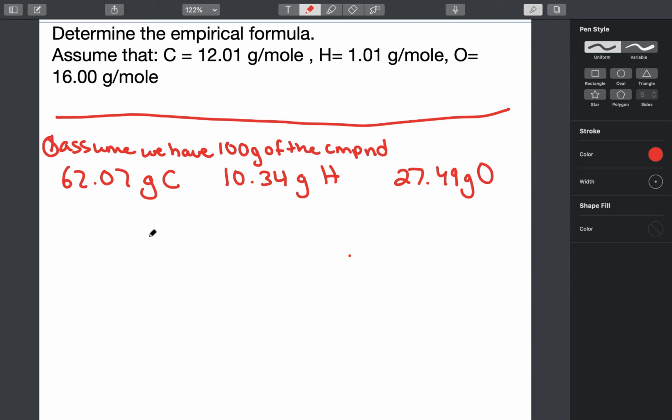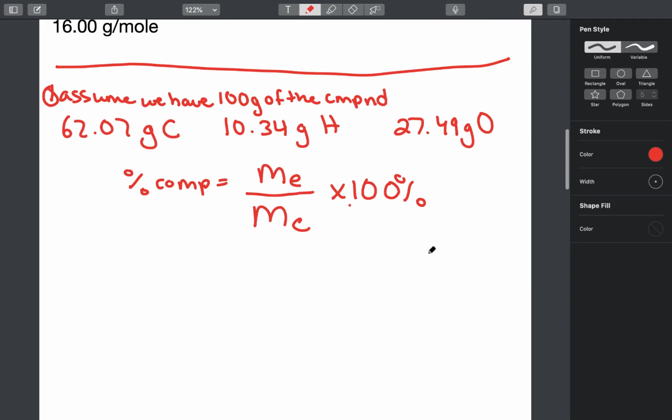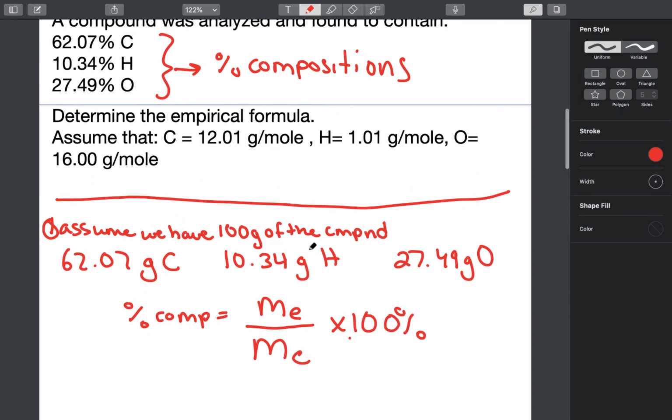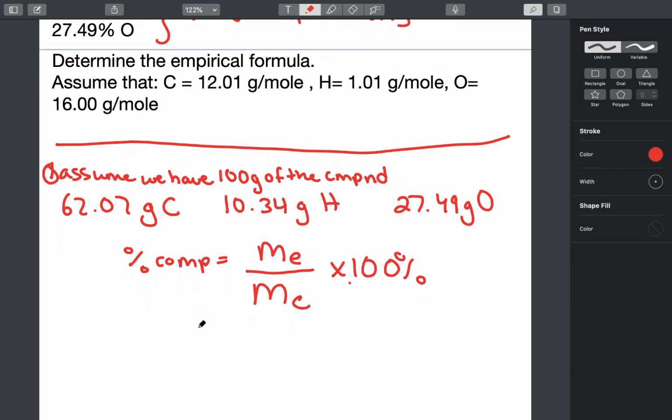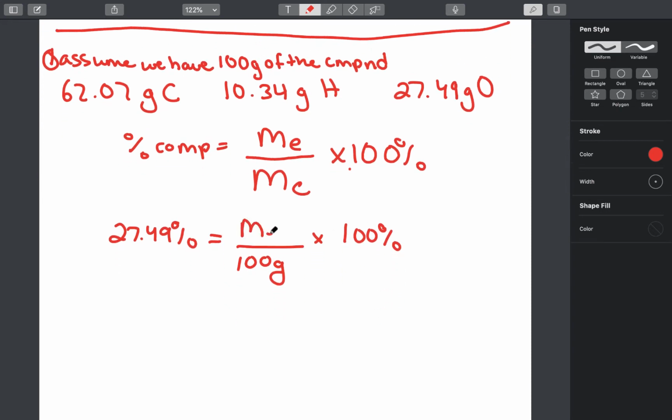So in this case, if we have our percent composition, which is equal to the mass of the element in the compound, so that's what that symbolizes, over the mass of the compound times 100%. In order to find out the mass of the particular element, what you do is you take the percent composition. So in this case, let's just do oxygen, 27.49%. The mass of the compound is 100 grams. And then you multiply that by 100%, and then you have the mass of the element.